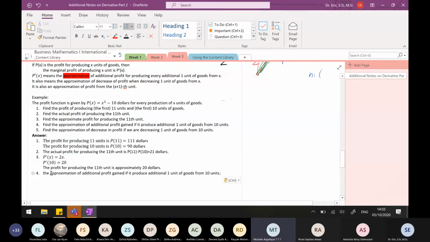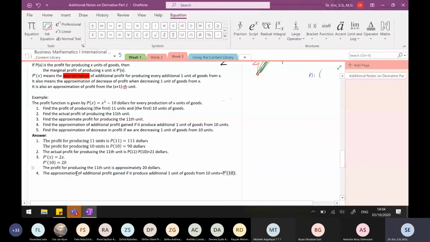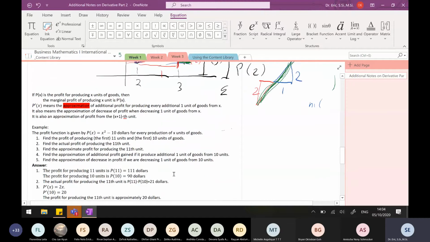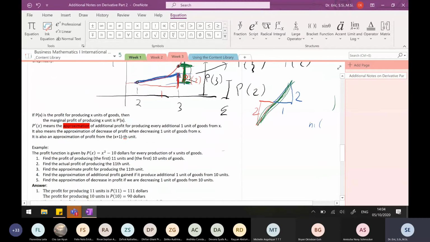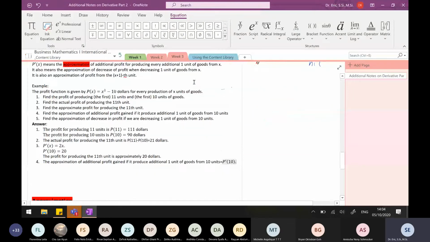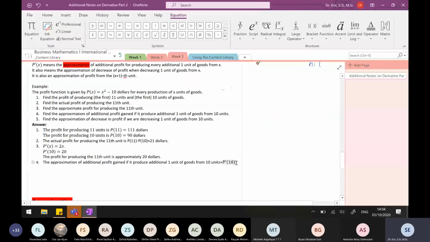Is it the 11 minus the 10, sir? No, with the derivative. This is just P prime 10, the same approximation of additional profit if I add 1 unit from 10. So this is P prime 10, and this is equal to $20.